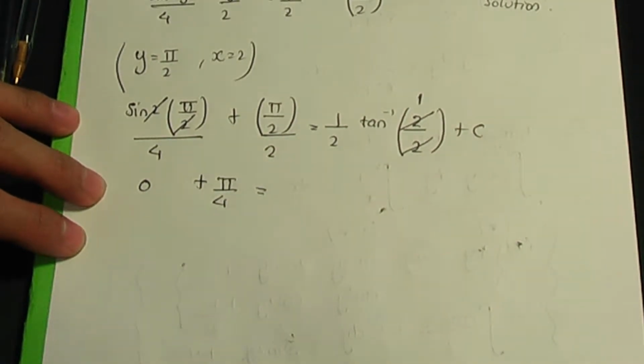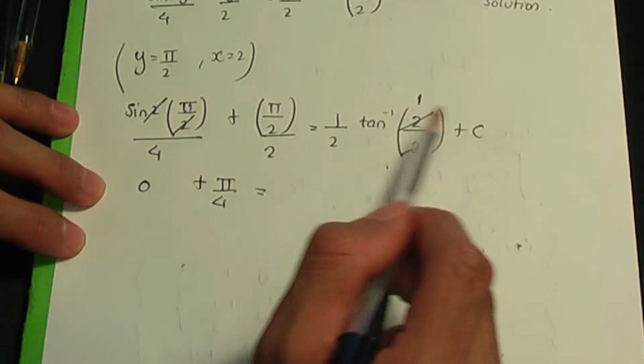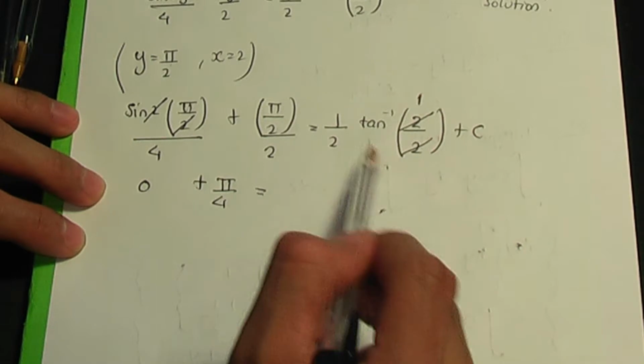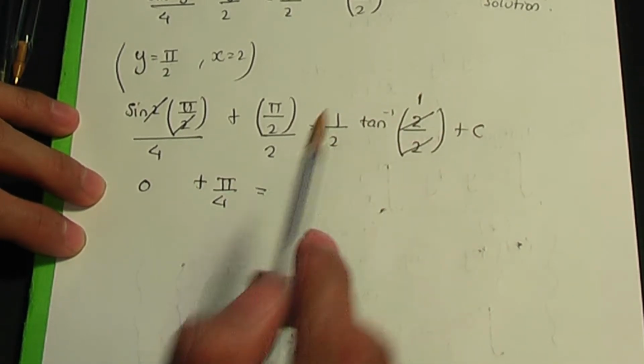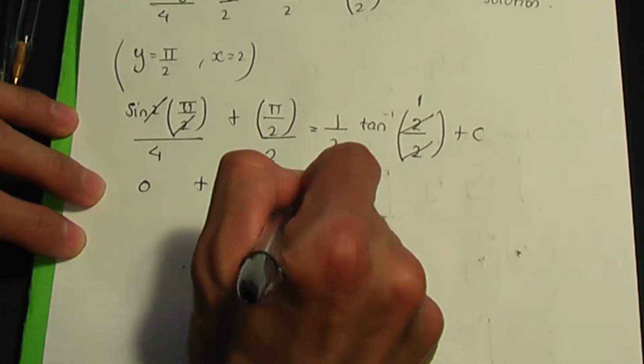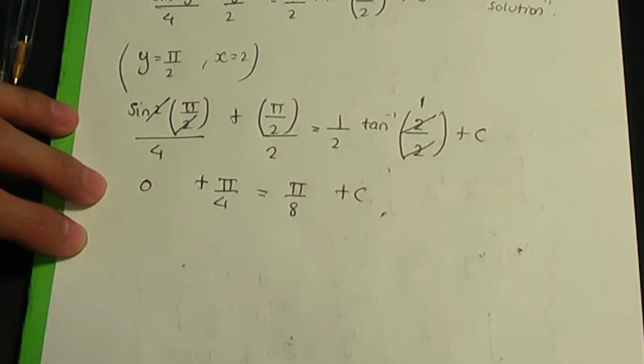That is equal to inverse tan of 1. Inverse tan of 1 is pi over 4, so that's a standard result. So pi over 4 times half is pi over 8, plus c.